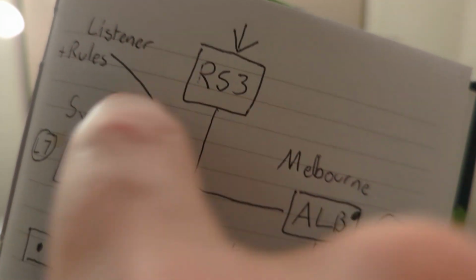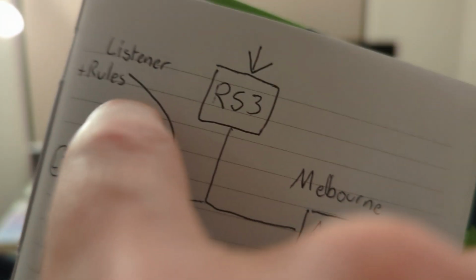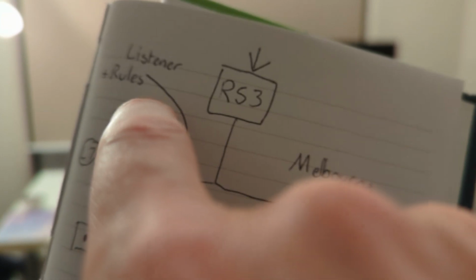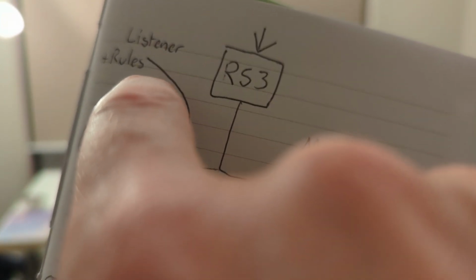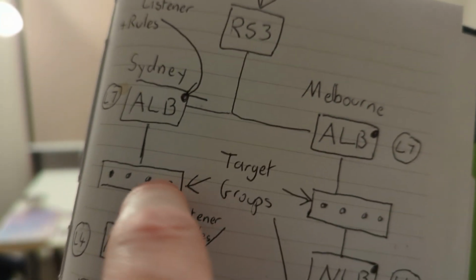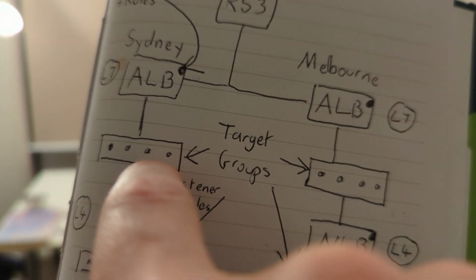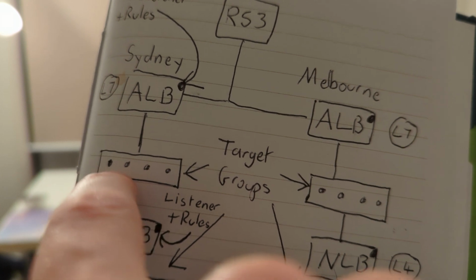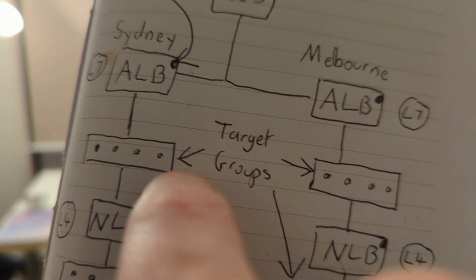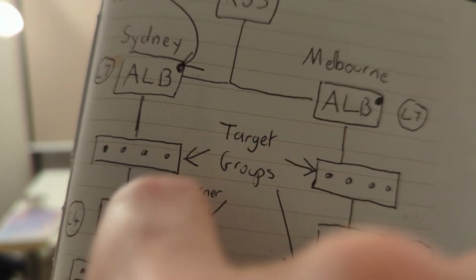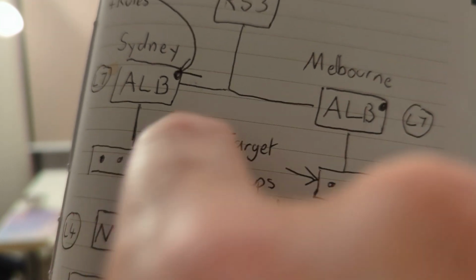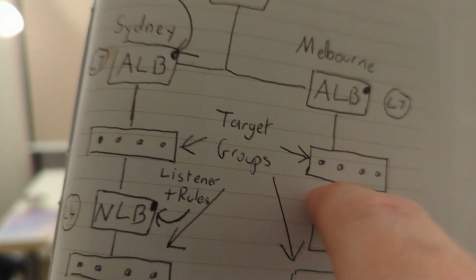Depending on the type of traffic it intercepts, it then processes that traffic according to certain rules and redirects that traffic to what we call a target group. And so this target group here represents 4 EC2 instances by the 4 dots. And that is now processing web traffic. We have the same over here in Melbourne.